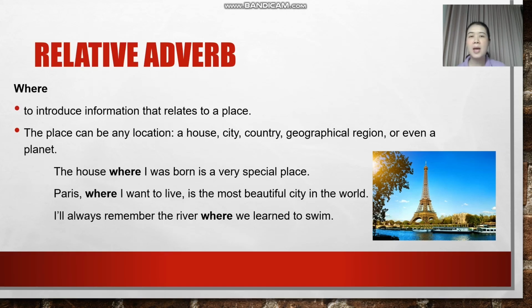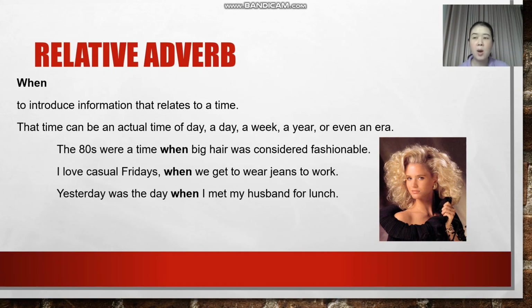Next is when. When is used in order to introduce the information that relates to a time. So it can be the actual time of a day, week, a year, or even an era, like a very long period. The 80s were a time when big hair was considered fashionable. I love casual Fridays, when we get to wear jeans to work.